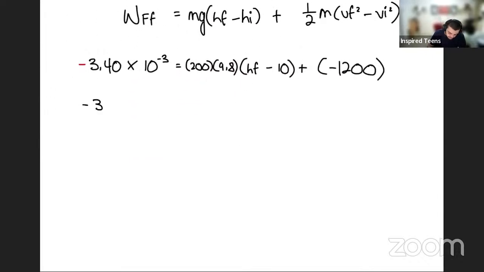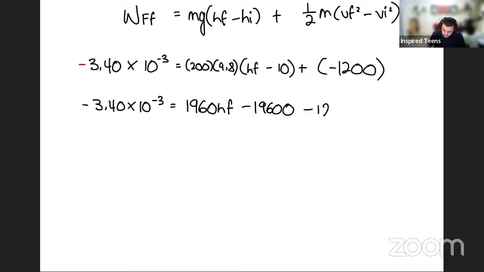So let's simplify things. I simplified. I get 1960 H final minus 19600 minus 1,200. Then eventually when I do the calculation, let me just do it. Negative 3.4 times 10 to the negative 3 plus 19600. I get 20,799.996. Obviously we round off only at the end, right?